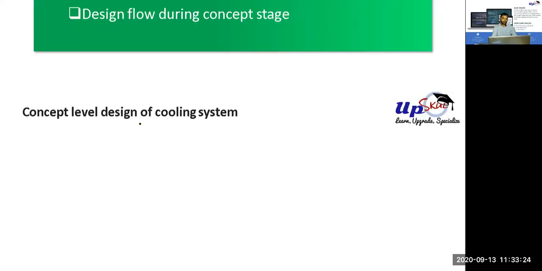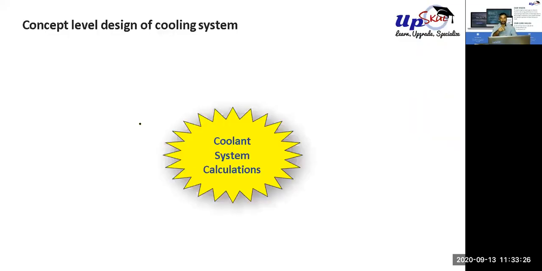Concept level design of the cooling system means calculations. The entire cooling system can be calculated on a piece of paper if you have a sufficient amount of knowledge, and it will work.